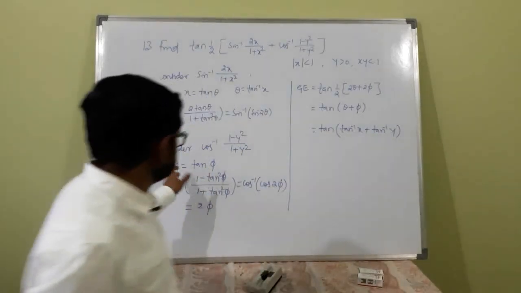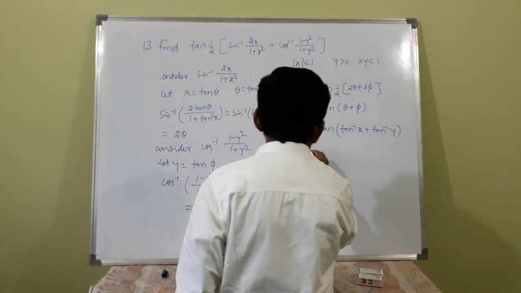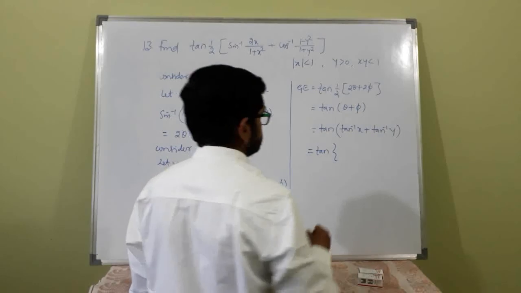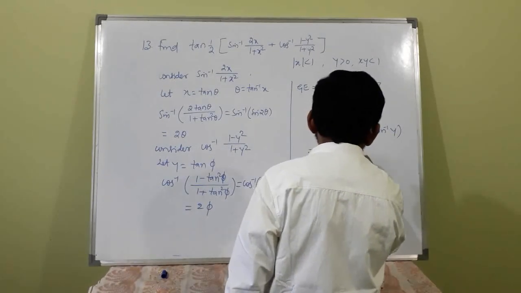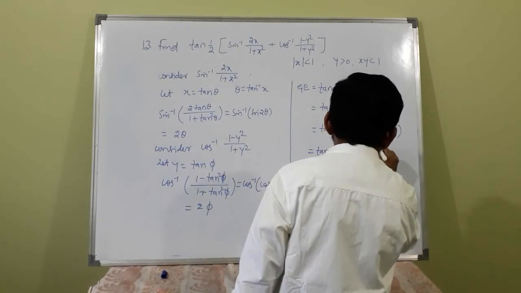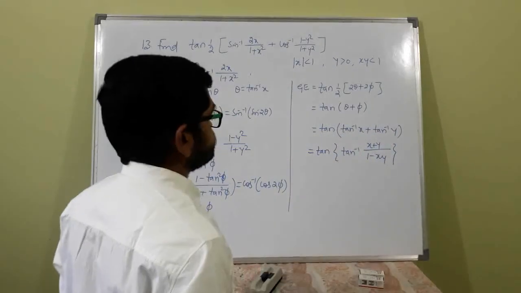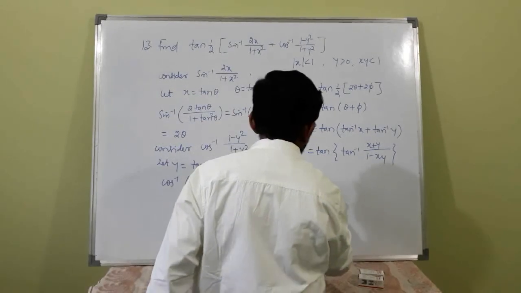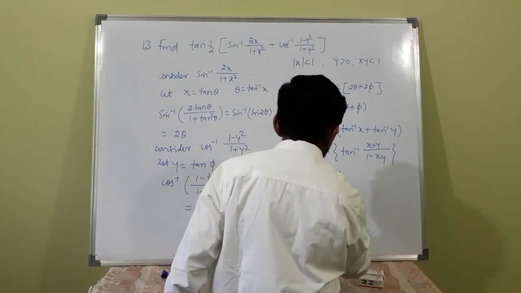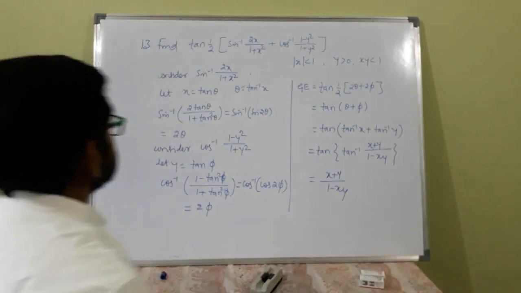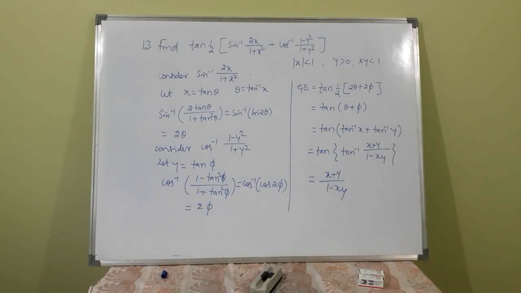This phi is tan inverse y. This is equal to tan of tan inverse x plus tan inverse y, meaning tan inverse of x plus y divided by 1 minus xy. So tan gets cancelled. Answer is x plus y divided by 1 minus xy. That is the required value of the given expression.